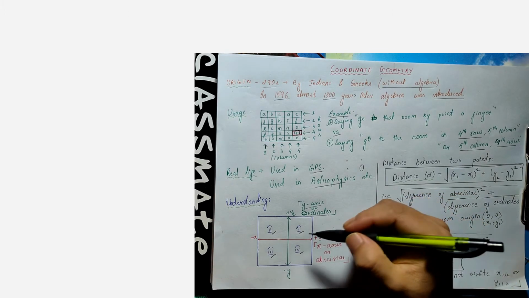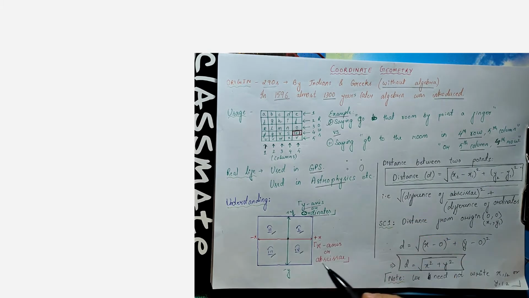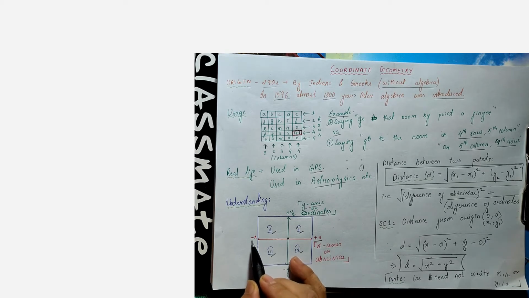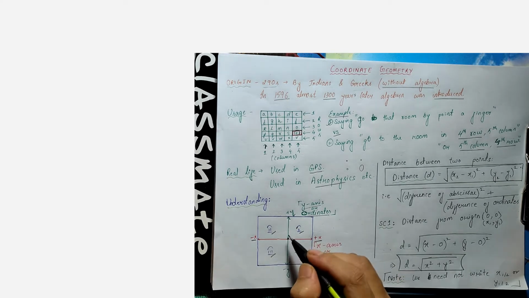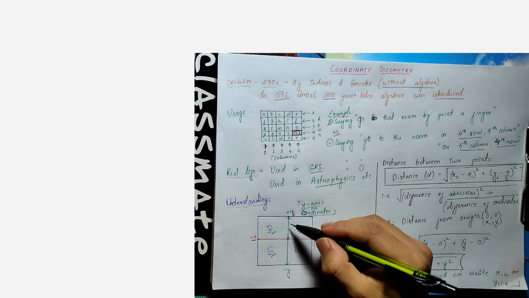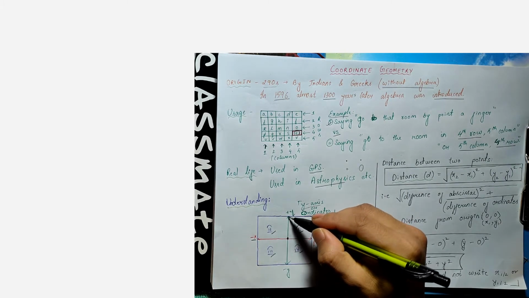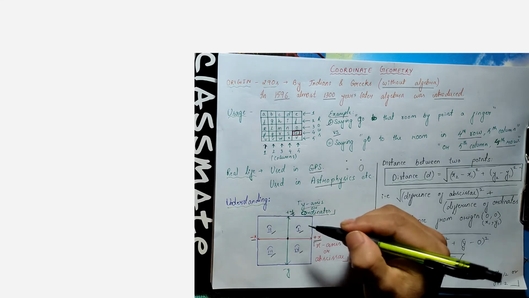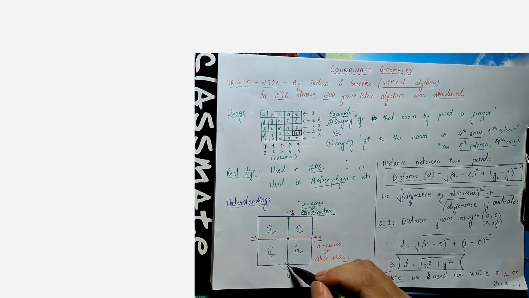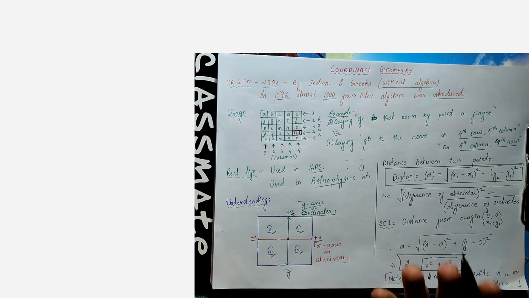Along the abscissa, if you move from the center towards the right, it is taken to be positive, whereas towards the left it is taken to be negative. Similarly, along the ordinate or y-axis, from the center towards up it is taken plus y, and towards the bottom it's taken to be minus y.